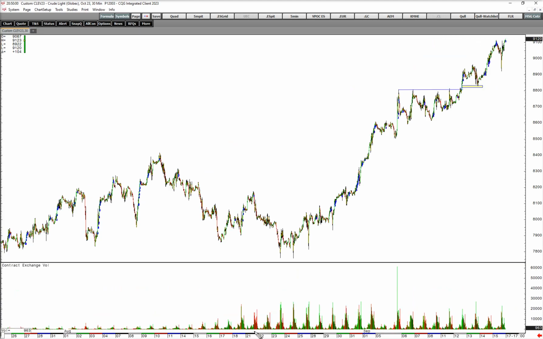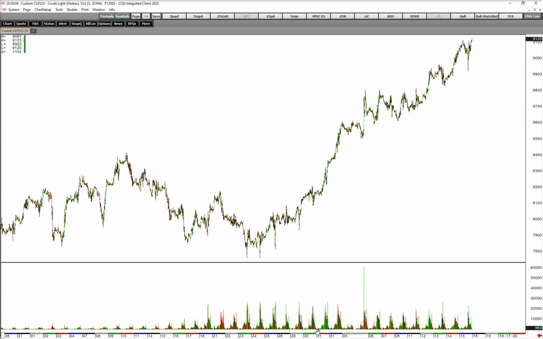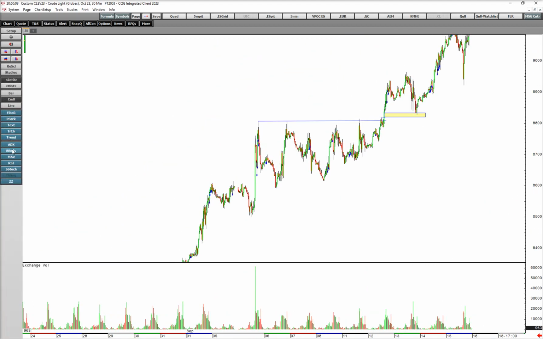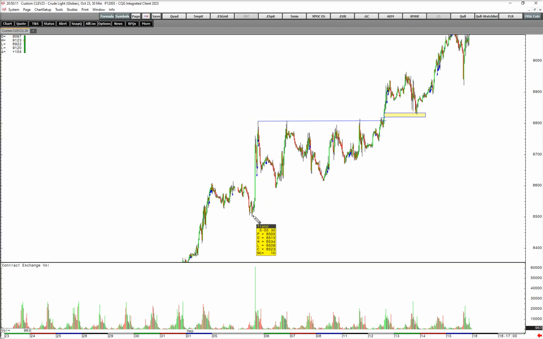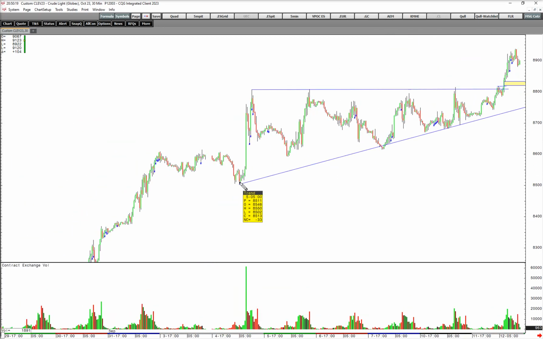And one of the things you could do to target, so this is now a 30-minute chart, you could look at the size of this triangle. The size of this triangle is 85.02 to 88.07. That's $3.05.